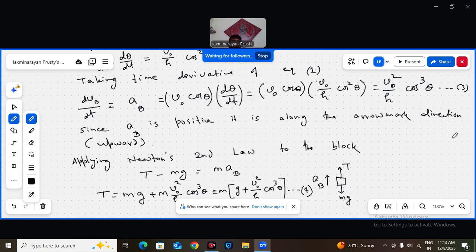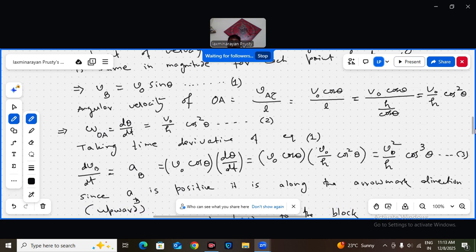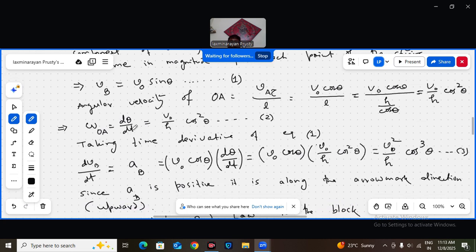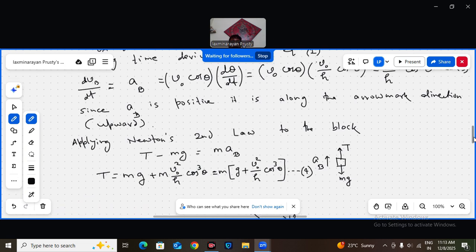But d theta by dt I have already found from this equation 2, that is V naught by h cos square theta. That's what I wrote. V naught by h cos square theta times V naught cos theta gives V naught square by h cos cube theta. Okay, since AB is positive, we'll find this positive only.